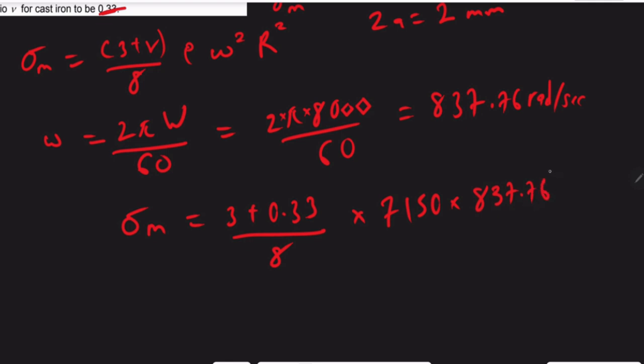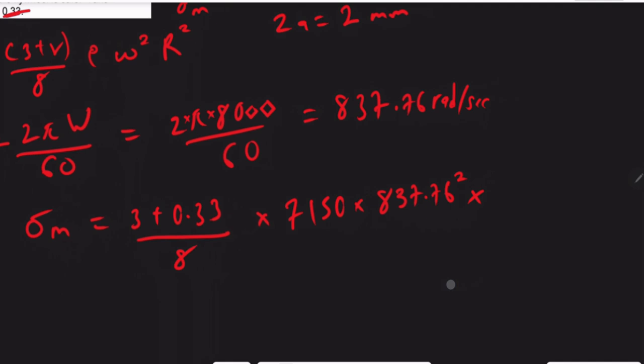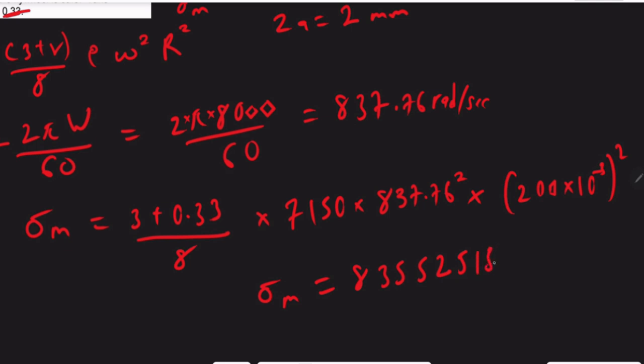837.76 raised to the power 2, times the radius of the flywheel, which is 200 millimeter. So 200 millimeter converts to meters by times 10 raised to power minus 3, all raised to power 2. So sigma m is now equal to 83,552.5 Pascal.